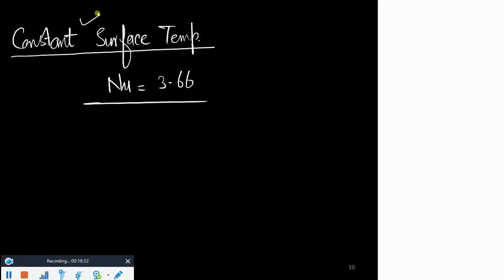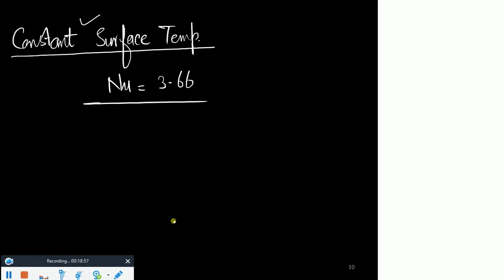This has come from numerical experimentation because the equation becomes too complex to handle analytically. So again you can see that in a constant flux condition you have 4.36, in a constant surface temperature condition you have 3.66. So that was about the Nusselt number.